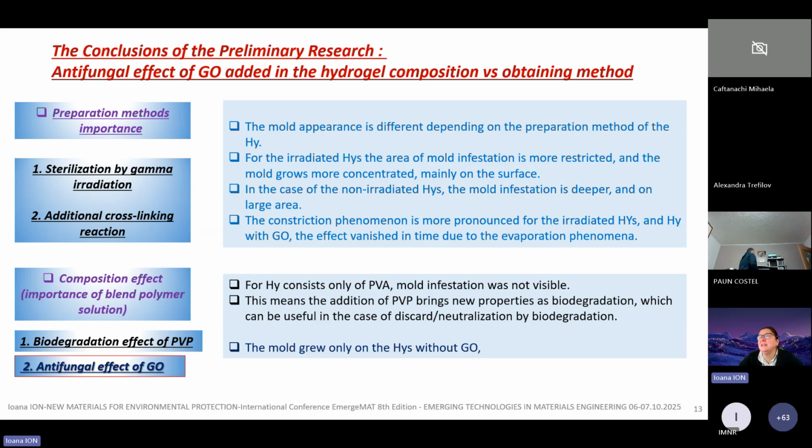Sterilization by gamma irradiation is very important, because the additional cross-linking reaction determined by gamma irradiation can influence the cross-linking degree, the swelling degree, water uptake and absorption degree. And the composition is also very important.